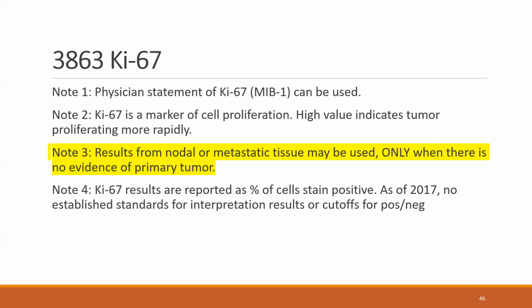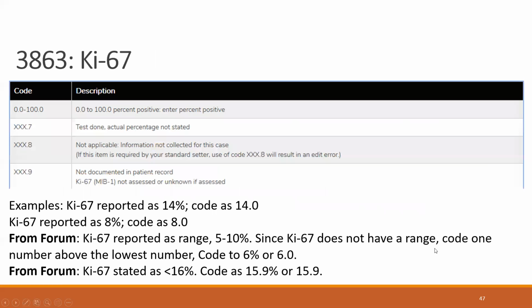So typically you want this from your primary tissue. This is reported as a percent. So that's what you're looking for, the Ki-67 percentage. This will also be texted in the lab section.